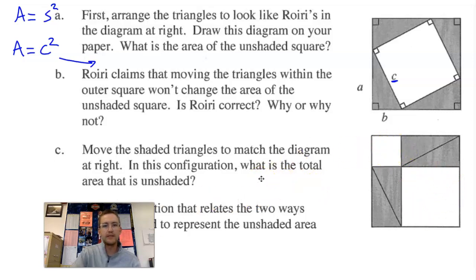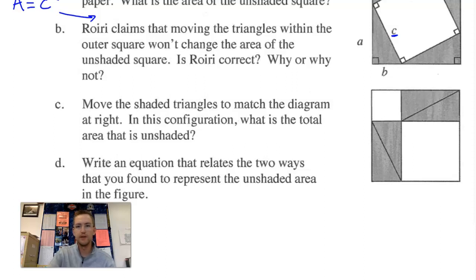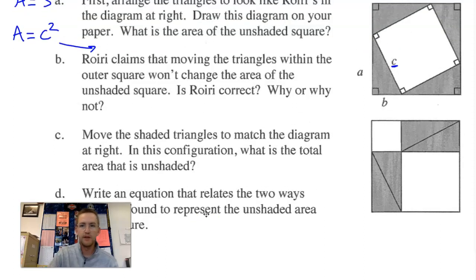So what we want to do next is figure out what is the area of that unshaded part. If we take a look at our original diagram, let's see if we can label the sides of our triangles that are next to these unshaded squares so we can figure out a formula that would represent the area for those. If we look, B is by the little sides.